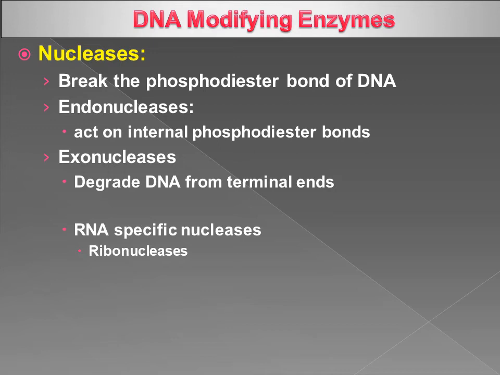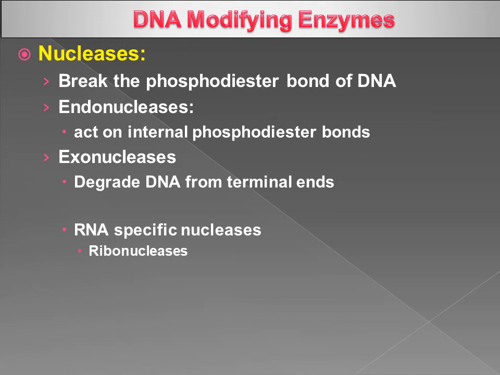These are enzymes that break the phosphodiester bonds that hold the nucleotides of DNA together. There are again two types of nuclease. The one is endonuclease and the second one is exonuclease. Endonucleases act on the internal phosphodiester bonds, while exonucleases degrade DNA from the terminal end.